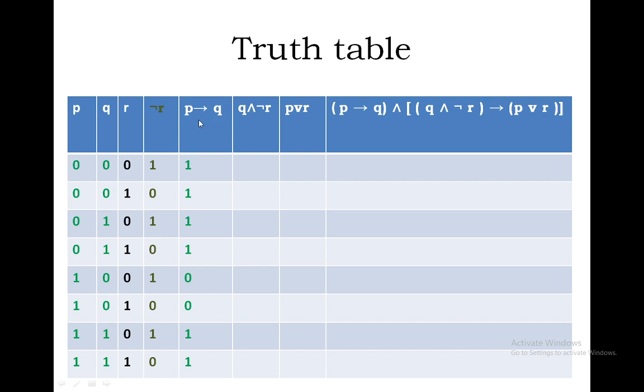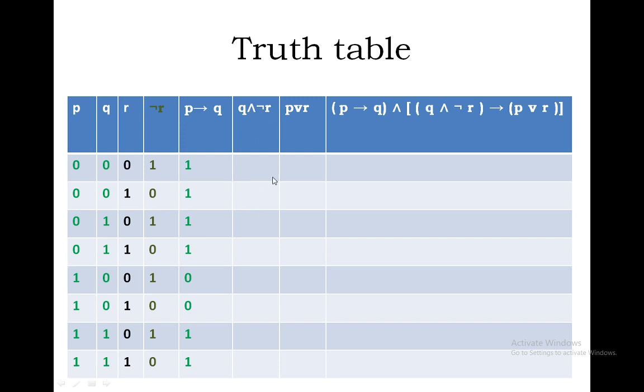For the rest of the combinations, 0, 0 will be 1, 0, 1 will be 1, and 1, 1 will be 1. So we fill in the column accordingly.